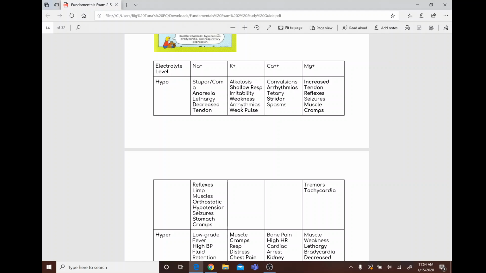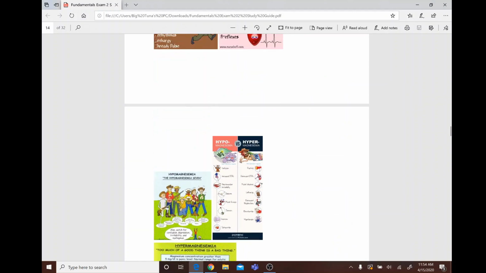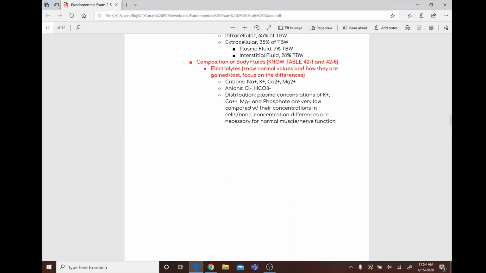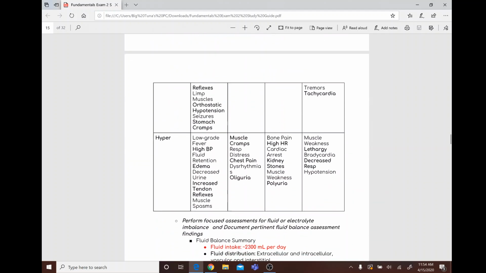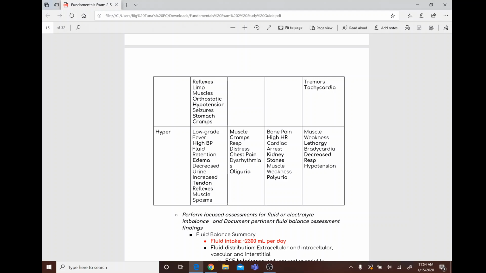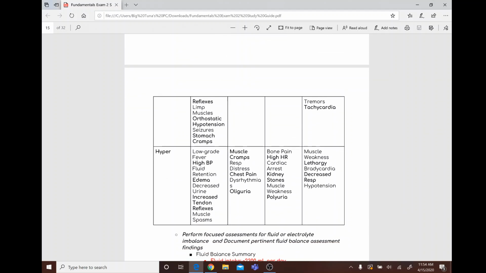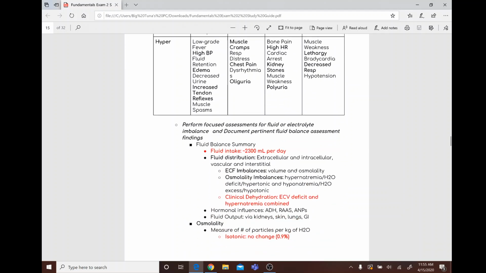Increased tendon reflexes, seizures, muscle cramps, tremors, and tachycardia. What are the signs and symptoms of hypermagnesemia? Muscle weakness, lethargy, bradycardia, decreased respirations, and hypotension.